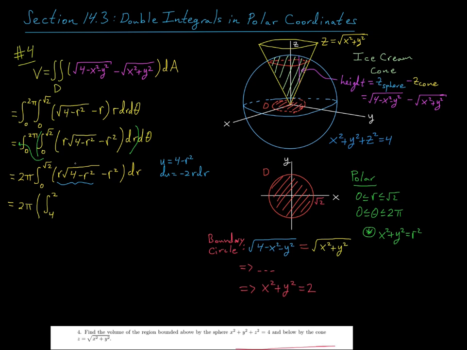And then I'm going to have an r dr, and from this, r dr would be the same thing as minus du over 2.